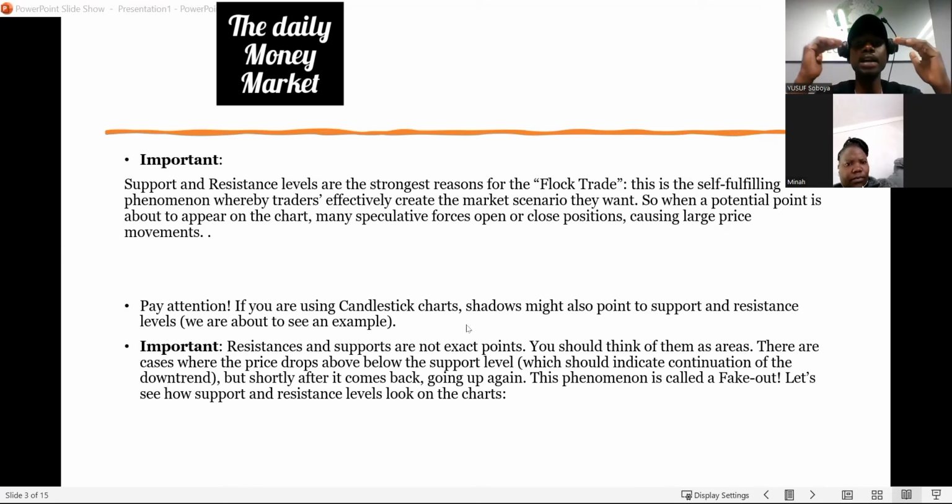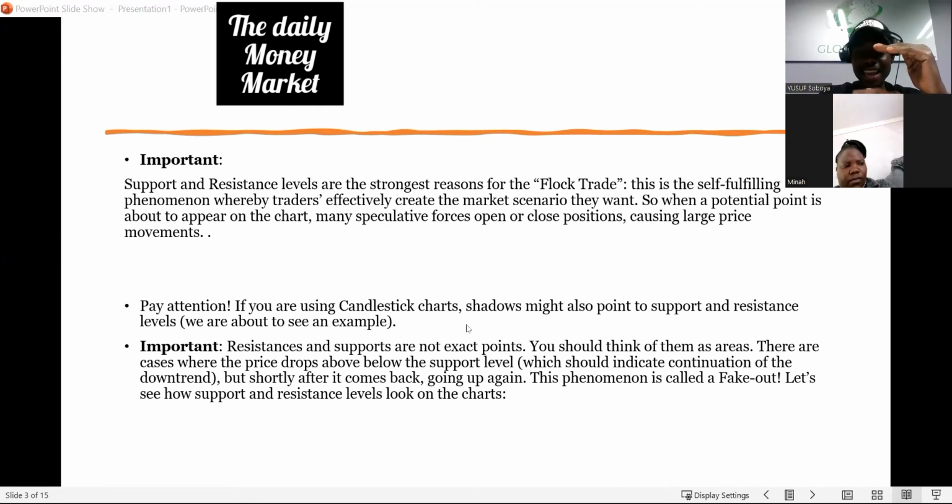All right, so the market is actually based on people that put money in the market. Those are the guys that give the volatility in the market, right?